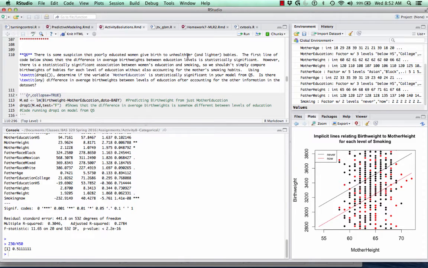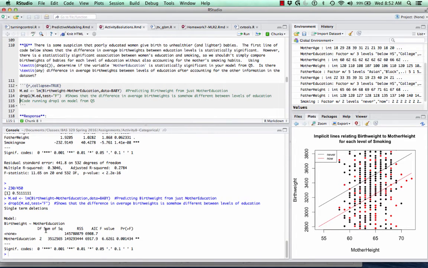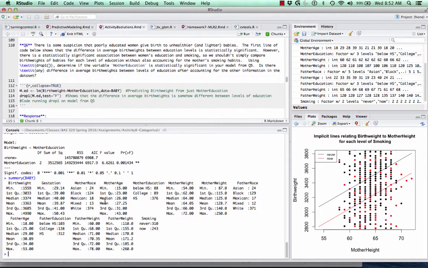So the first line of code here kind of shows you that we do see a statistically significant difference in the average birth weights of babies born to mothers with different educational levels. So if we look at the values of mother education, we have 3 different levels: below a high school education, college education, and a high school education.